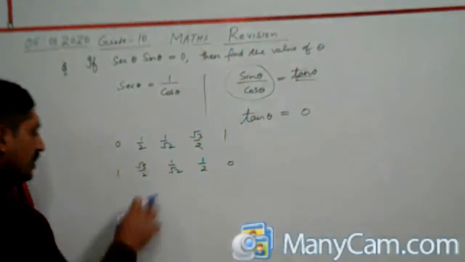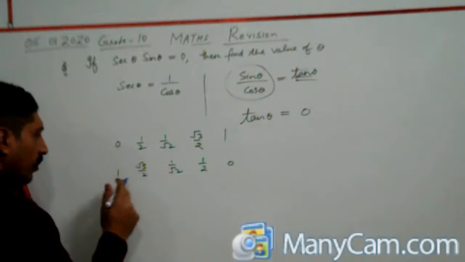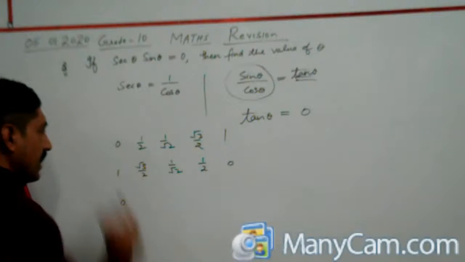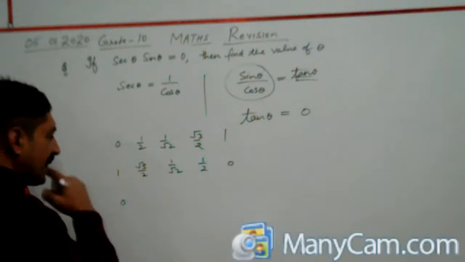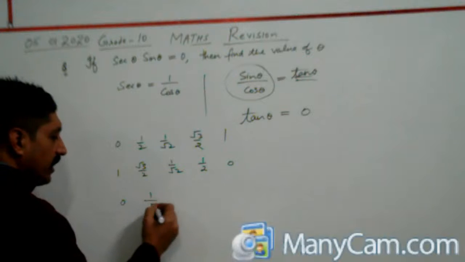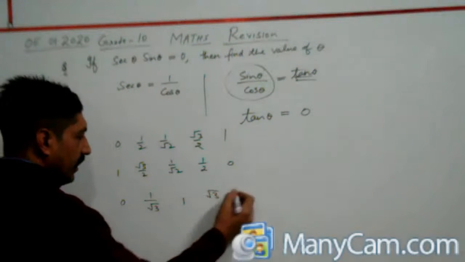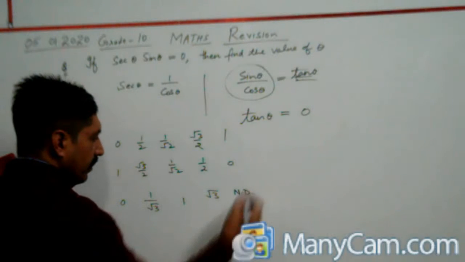So tangent, sine upon cosine, is 0 here, then 1 by root 3, 1, root 3, and it is not defined, right?